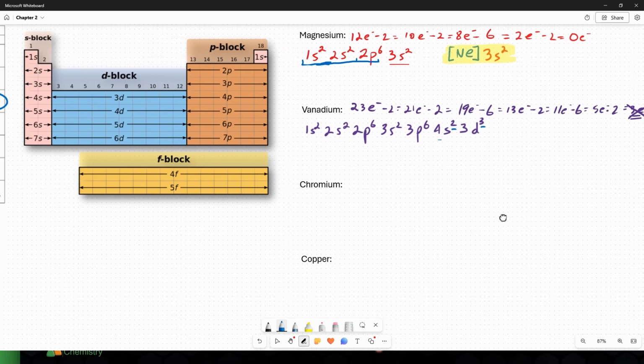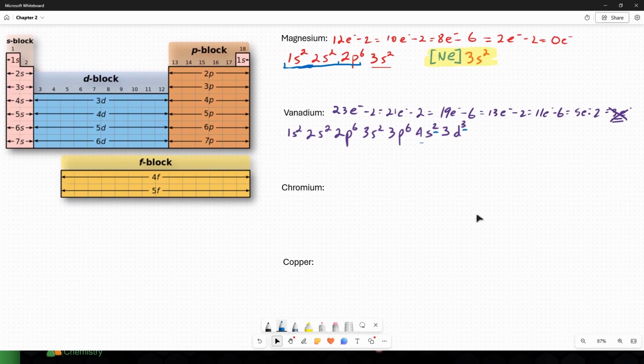So again, we go back to the electron configuration. We're going to find the last p6. So working from the back, we have 3d3. That's not it. 4s2. That's not it. And then before 4s2, we see that we have 3p6. So that's the last p6 in this electron configuration.